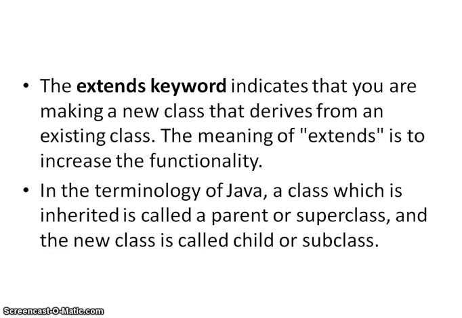The extends keyword indicates that you are making a new class that derives from an existing class. The meaning of extends is to increase the functionality. In the terminology of Java, a class which is inherited is called a parent or superclass, and the new class is called a child class.